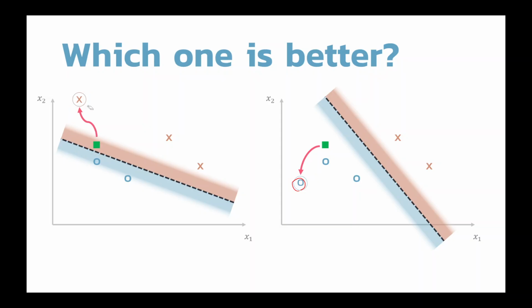Now, what do you think? If I don't know the ground truth class for this point, what do you think is the most sensible answer? Proximity is the only thing that we have, right? This point is closer to the blue, so it makes more sense for this point to be blue.